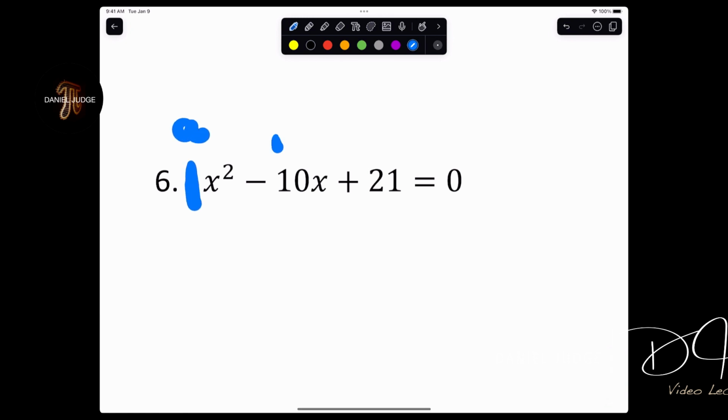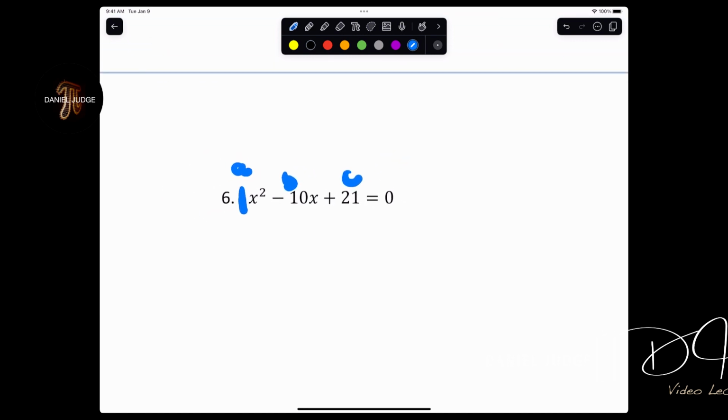And we're going to compare with the next question. So here's B and here's C. A, B, C. Okay, so A here, it's good to maybe notice this now, is +1 and C is +21.